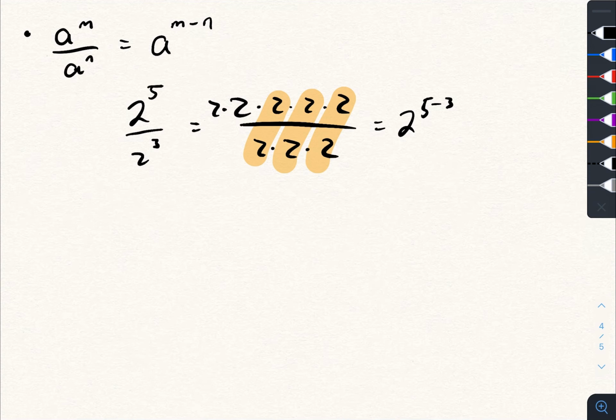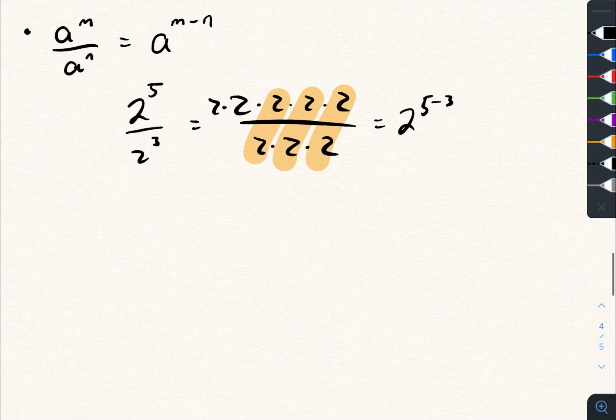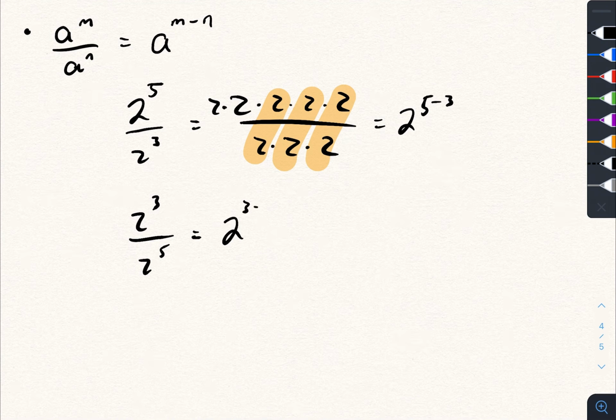I won't talk too much about negative exponents here, but it is a thing. If I were to do 2 cubed over 2 to the 5th, this is equal to 2 to the 3 minus 5, which is equal to 2 to the negative 2. This is a true fact. It does work like this.